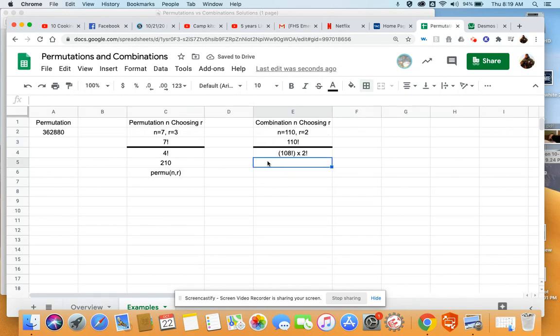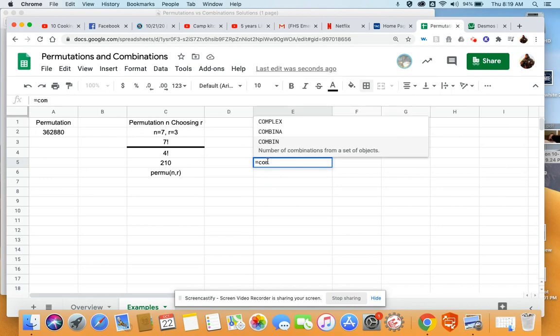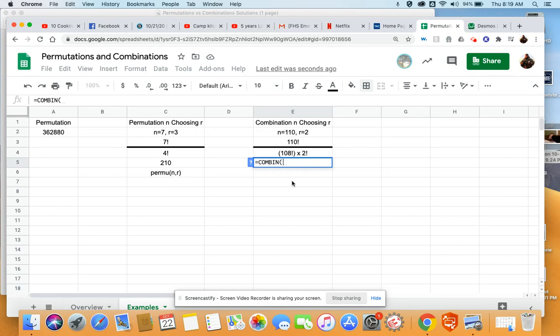Lucky for us, equals combination. You can see it pop right up here. 110 choosing 2. There's our answer, 5,995, which is the correct answer.